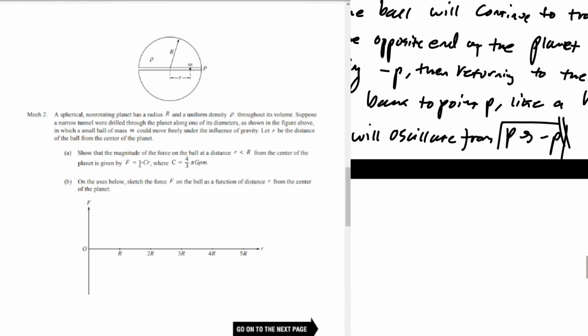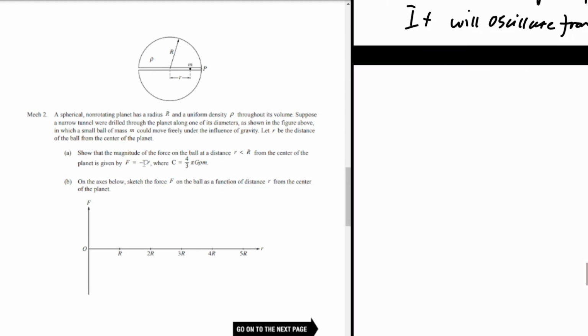Earlier I said I'll explain why the negative's there, and I'm about to do that now. The negative serves to show that it's a restorative force acting on the ball that varies with position, right? Because the conditions of simple harmonic motion are that force is opposite and proportional to the displacement, which it is here.